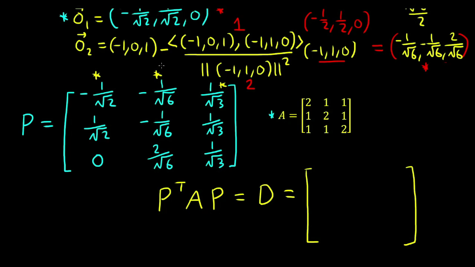So the first two orthonormal eigenvectors correspond to the eigenvalue of 1, and in the final column, this eigenvector corresponds to the eigenvalue of 4. So this is the diagonal matrix that you'll get. And I'll leave it for you to verify this as an exercise.